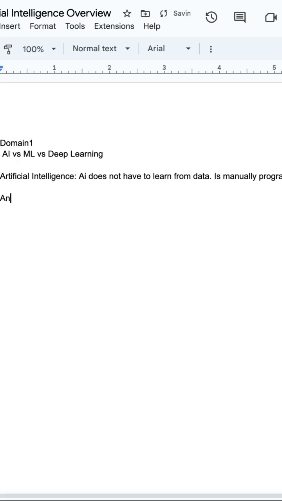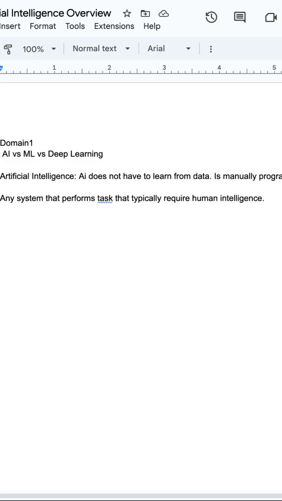Artificial intelligence is any system that performs tasks that typically require human intelligence. For example, rule-based expert systems and game-playing programs.